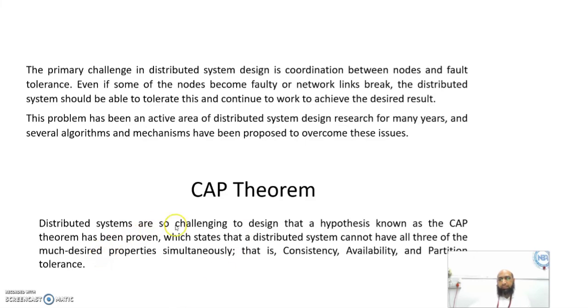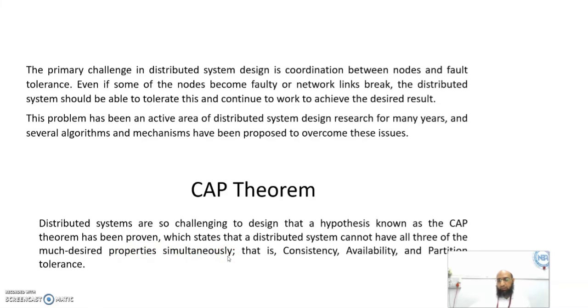Distributed systems are so challenging to design that a hypothesis, you know what this hypothesis is? We consider it as the CAP theorem, which has been proven, which states that a distributed system cannot have all three of the much desired properties simultaneously.